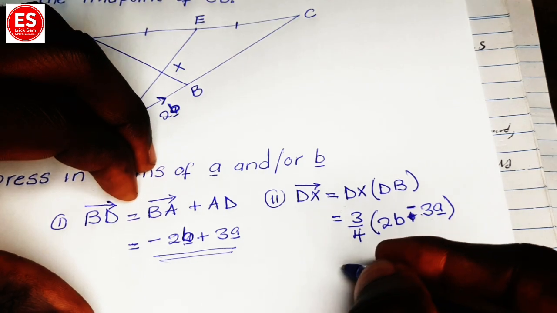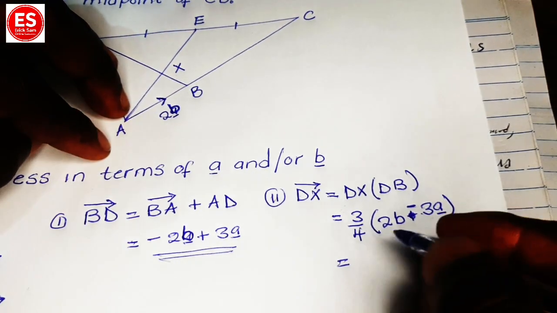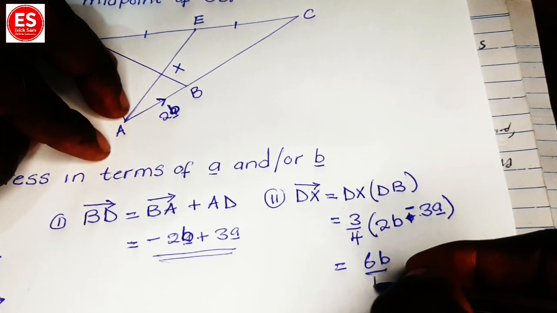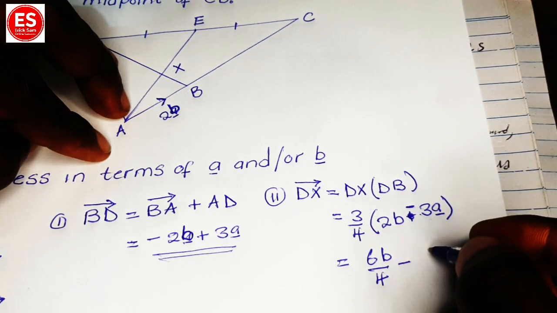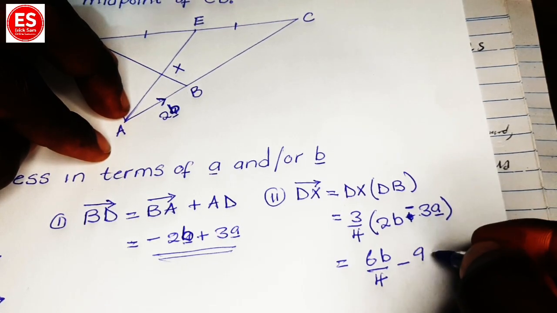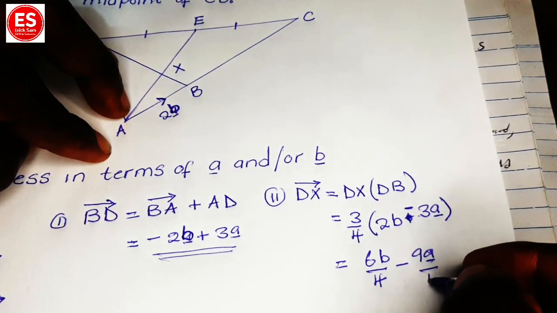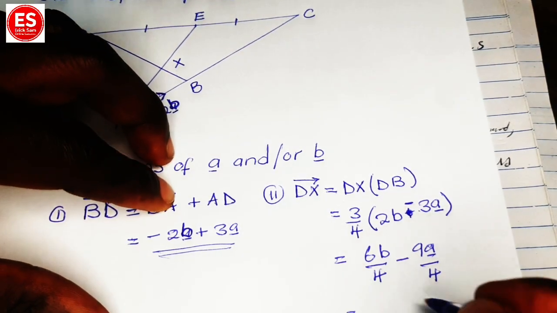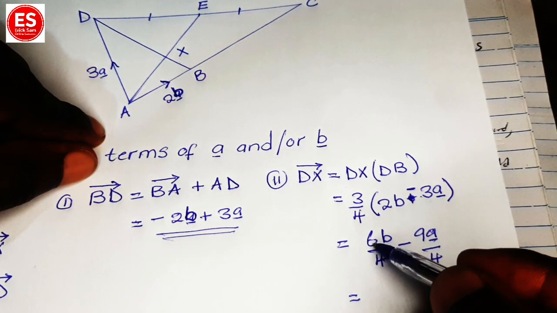In that case you're going to continue, so you're going to multiply 3 times 2, it's 6B over 4, minus this one times that, which is 9A over 4, right? Here you can simplify this one. You know that 2 can go into these numbers.